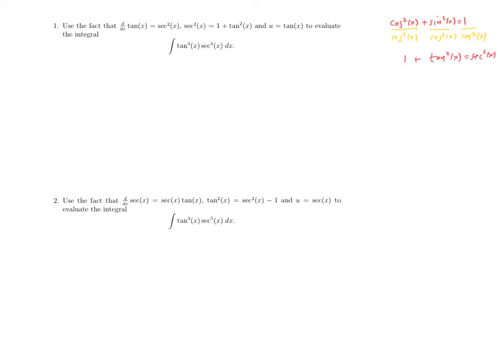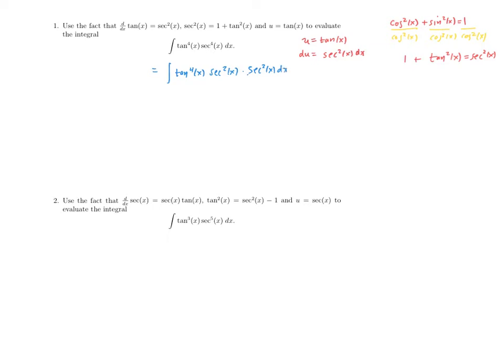So let's see if we can think our way through this. If we're going to let u be equal to tangent of x, that requires du to be secant squared x dx. So modifying our previous approach, we're thinking we need to save something to be our du. So I'm going to pull off one of these secant squared. So secant to the fourth can be written as secant squared times secant squared.